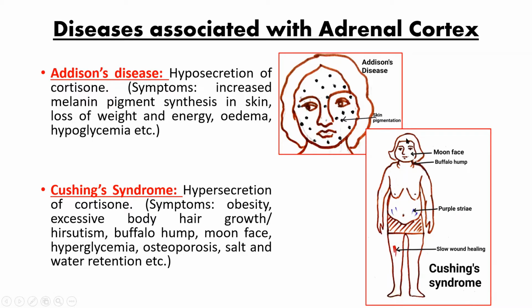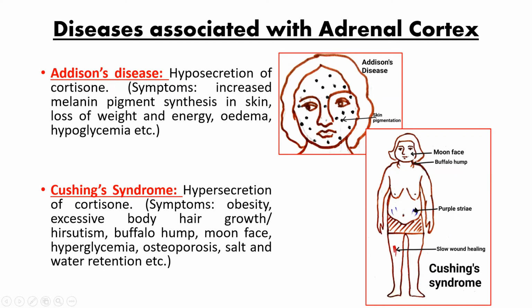and they develop some peculiar kinds of symptoms, like their face becomes moon-like, very much round. They develop a buffalo-like hump behind their neck. See here, their wound healing becomes very slow. They develop some purple striae all over the body.